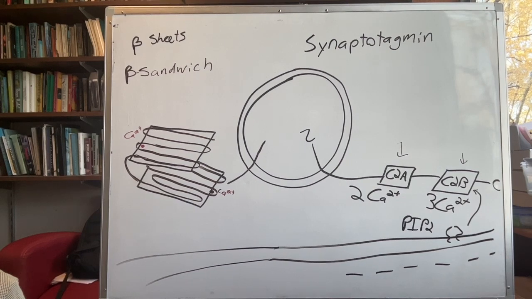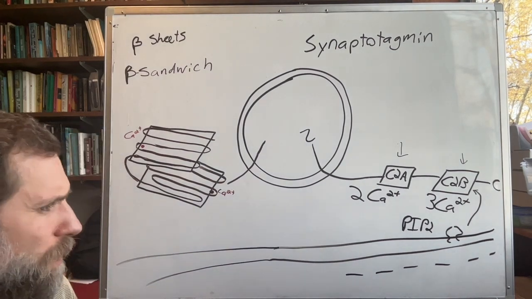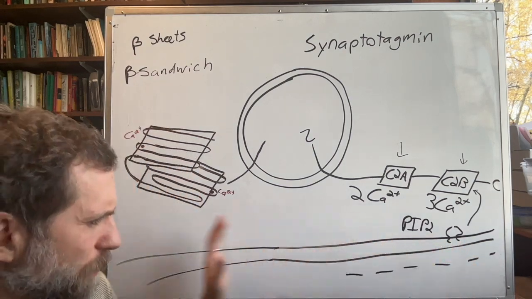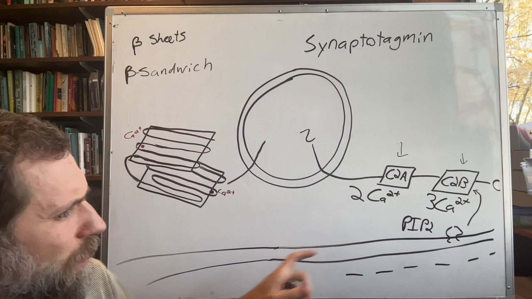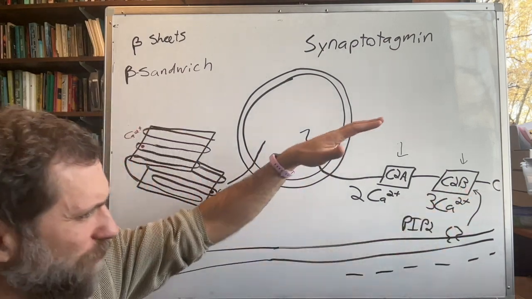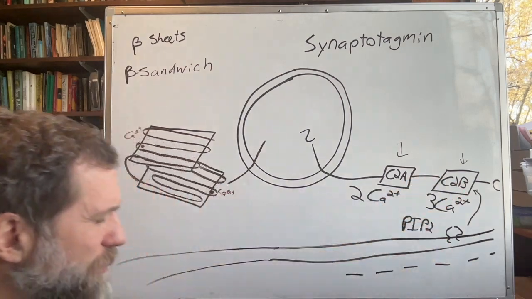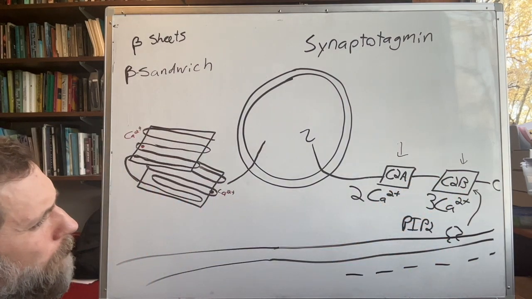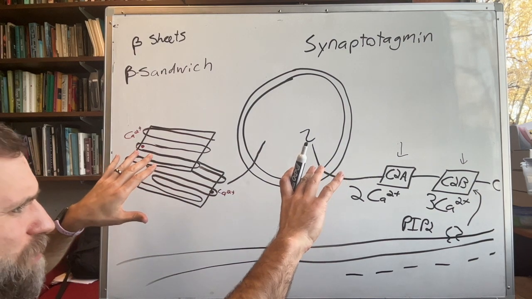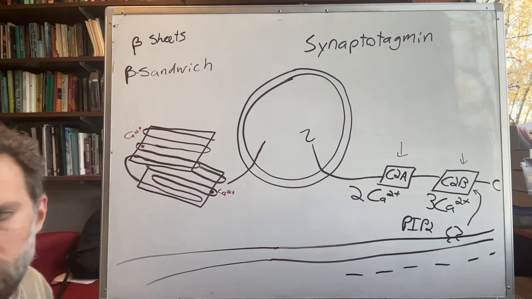Now, PIP2 is a phospholipid. It's not a protein. But it's a natural constituent of the presynaptic membrane. And so it can bind to C2b. So it has this electrostatic force that's bringing it down. C2b can bind to this PIP2 phospholipid. And so this is bringing the vesicle down towards the membrane.